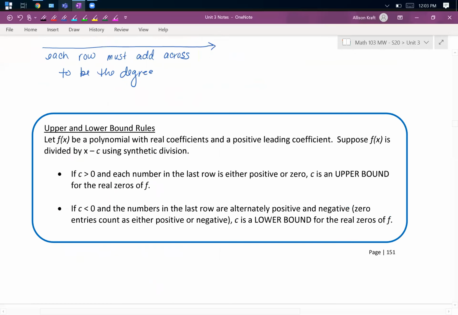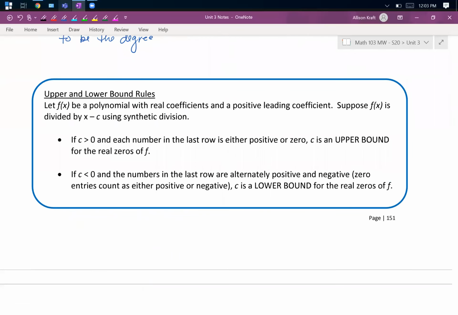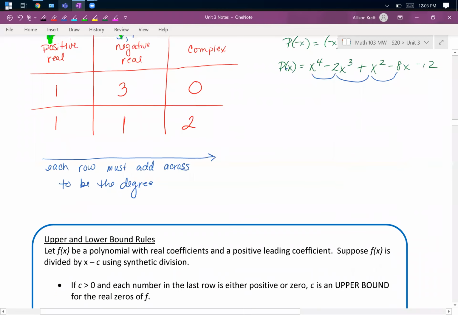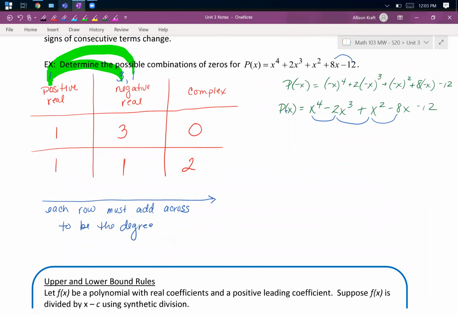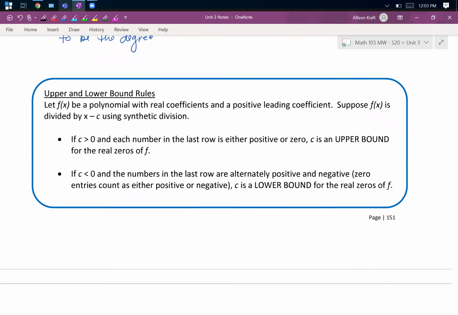The next is our lower and upper bound rules. Descartes' rule of signs we typically do before we start checking zeros. The upper and lower bound rules that we're going to talk about, we don't apply until we're actually in it, doing all the division, checking for the zeros.